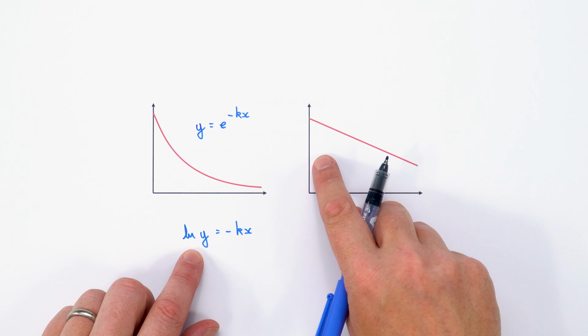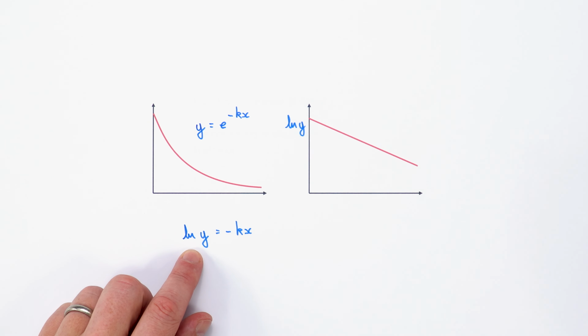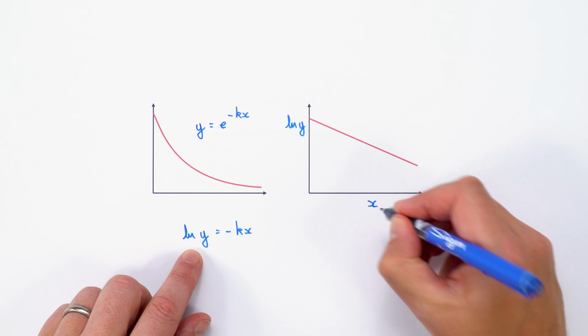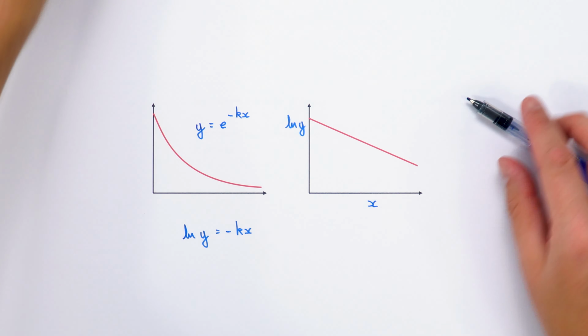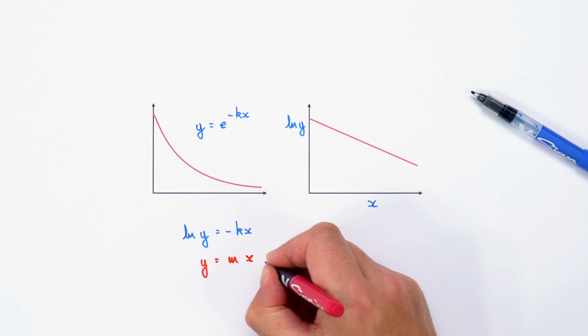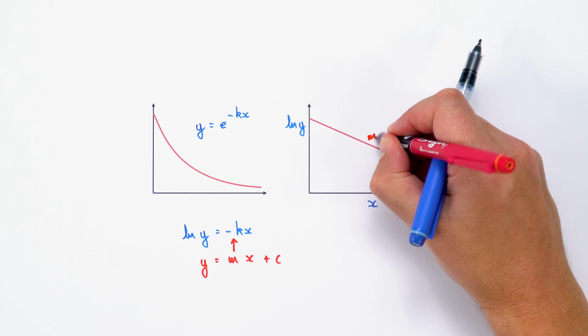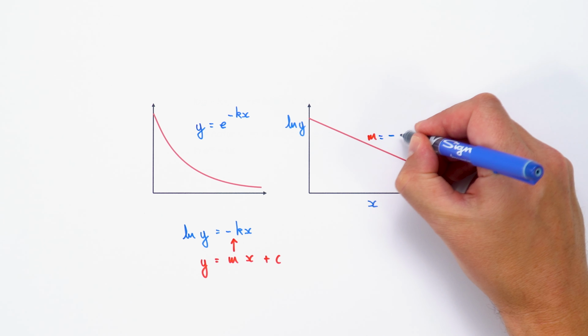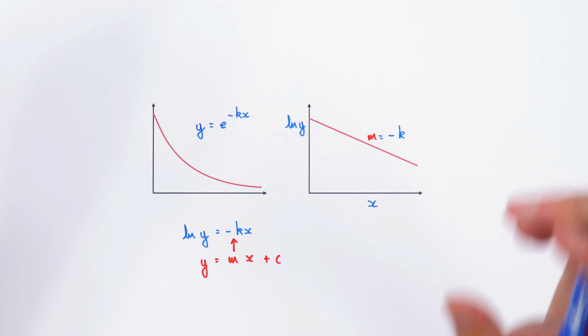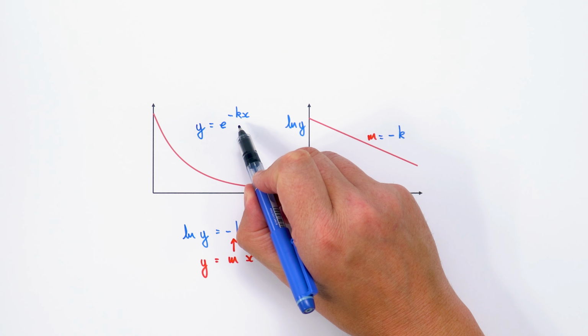And if we then plot the data where we take the natural log of y on the y-axis, and then we just have x plotted on the x-axis, we can then relate this to the equation y is equal to mx plus c. So here the gradient m is going to be equal to minus k. And that means if you work out the size of the gradient, we can use that to find the constant that we've got up here.